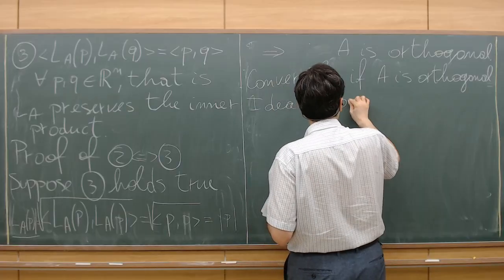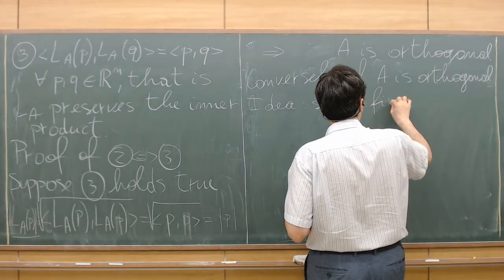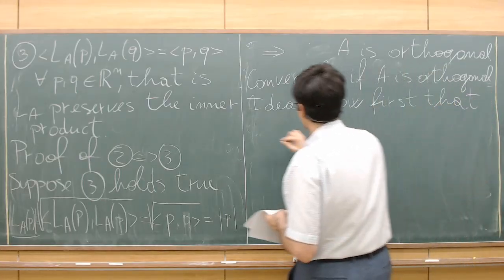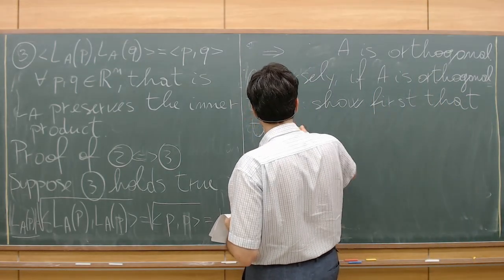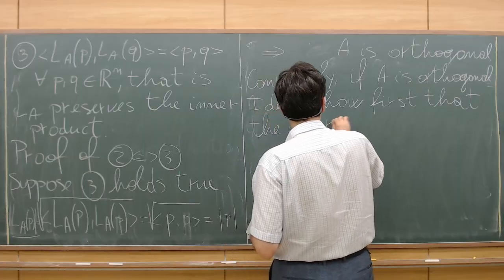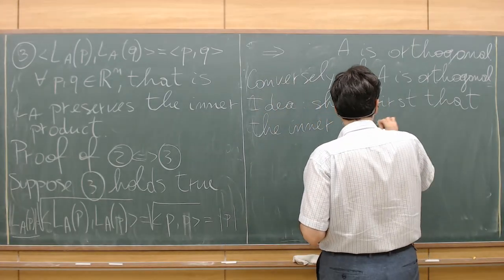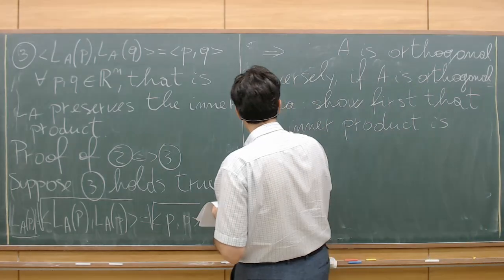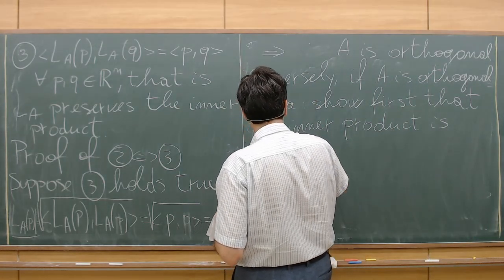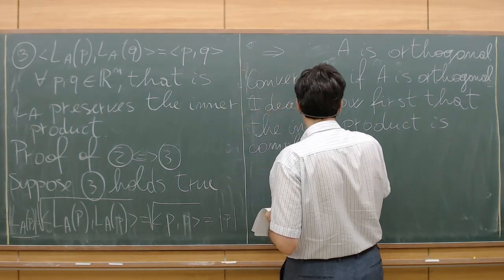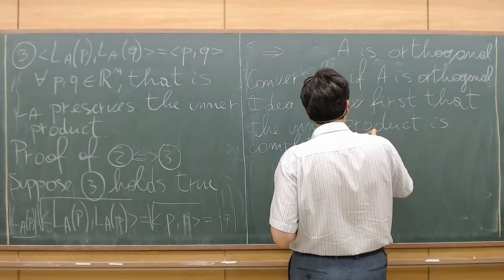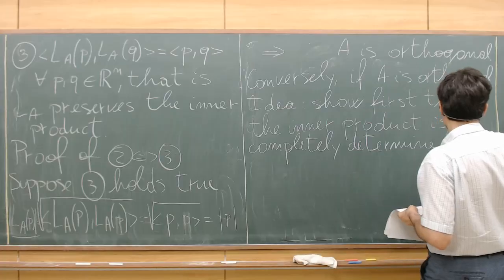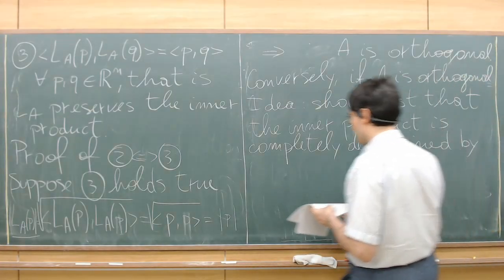to show first that the inner product is completely determined by the norm.